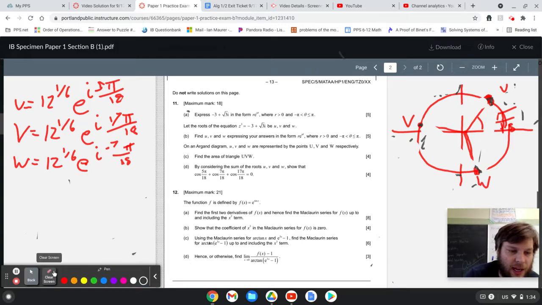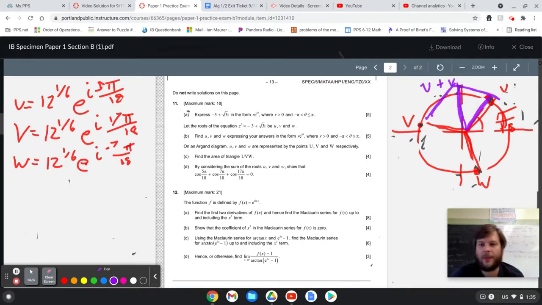And then we'll try to add together u, v, and w. So if I add, doesn't matter what order you go in, let's just add u and v together. What I would do is take this and tack it onto the end of v and add it together. And so then what you can see is this new vector here is u plus v.